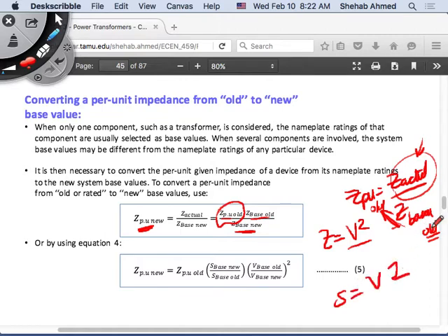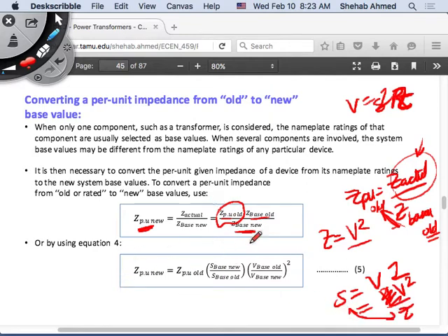S is equal to V times I. V equals I times Z, so Z equals V over I, and I is equal to V over Z. So S is V squared over Z, and V squared over S is equal to Z. So that's what we have here.